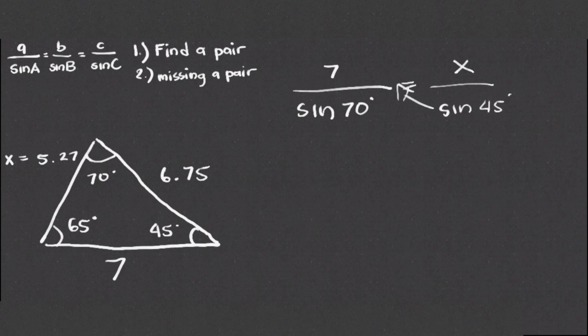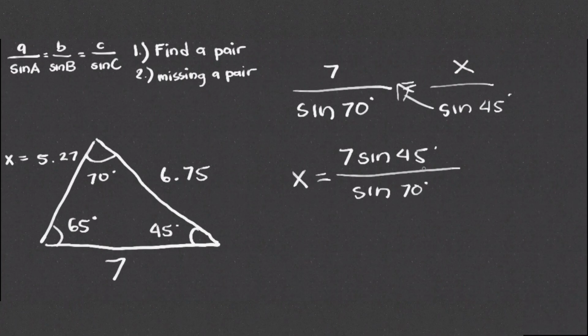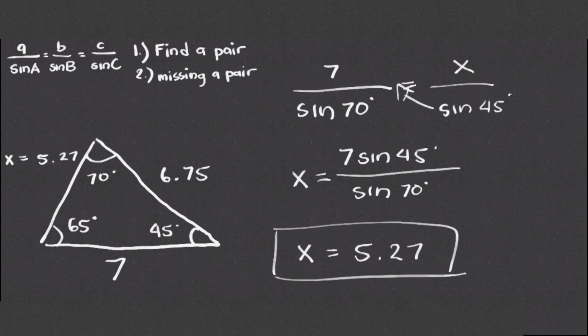So you cross multiply the sine 45 degrees once again. So x is equal to 7 sine 45 degrees over sine 70 degrees. So therefore, x is equal to 5.27. Yet, we still arrive at the same answer. And that's what today's video is all about.